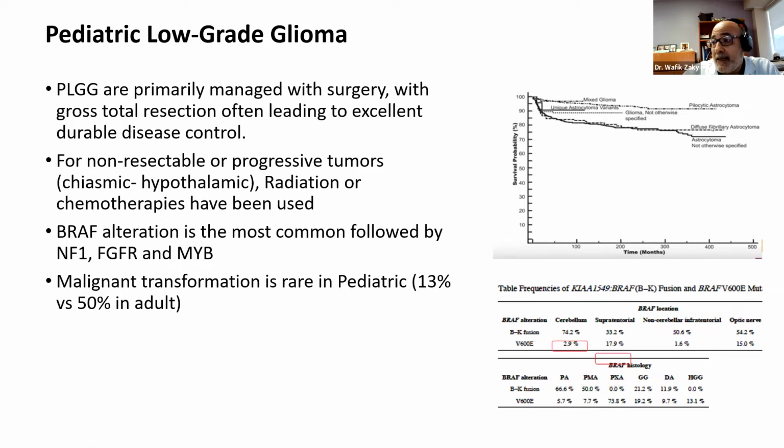BRAF fusion is more common in the cerebellum, compared to the BRAF mutation, which is more common in the supratentorial location. Their incidence also differs by histology. For example, in pilocytic astrocytoma, two-thirds will have the fusion, while in PXA, three-quarters will have the BRAF mutation.